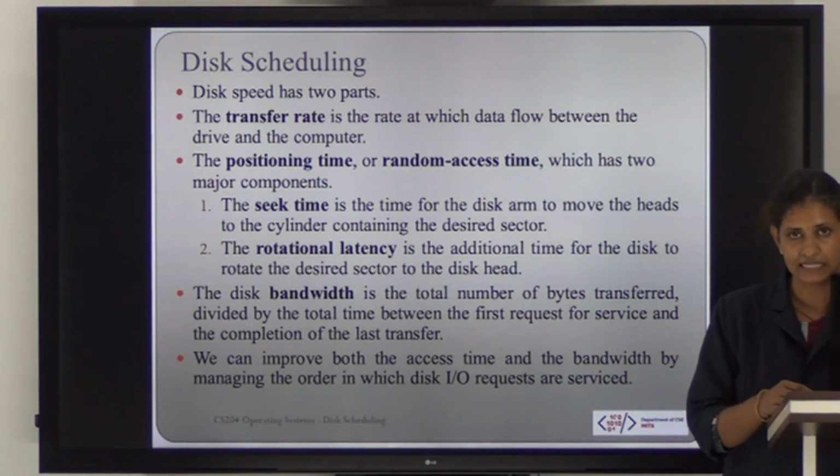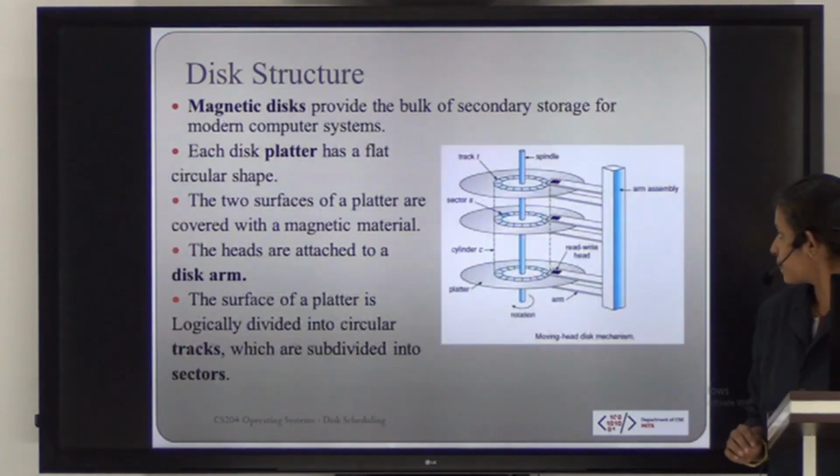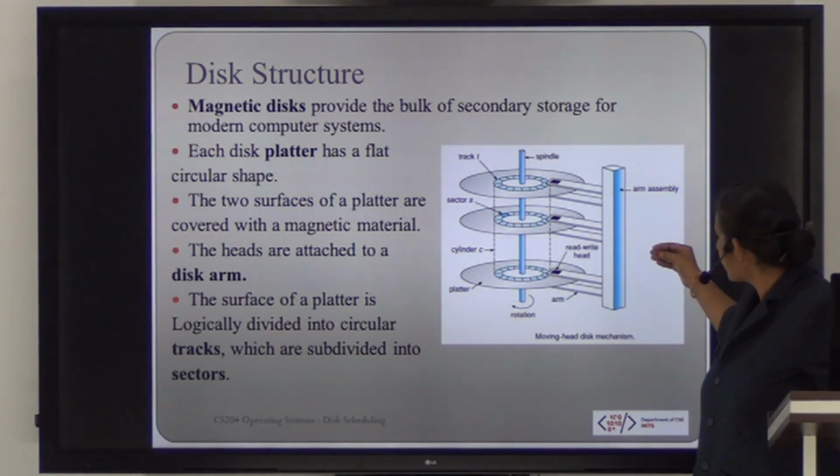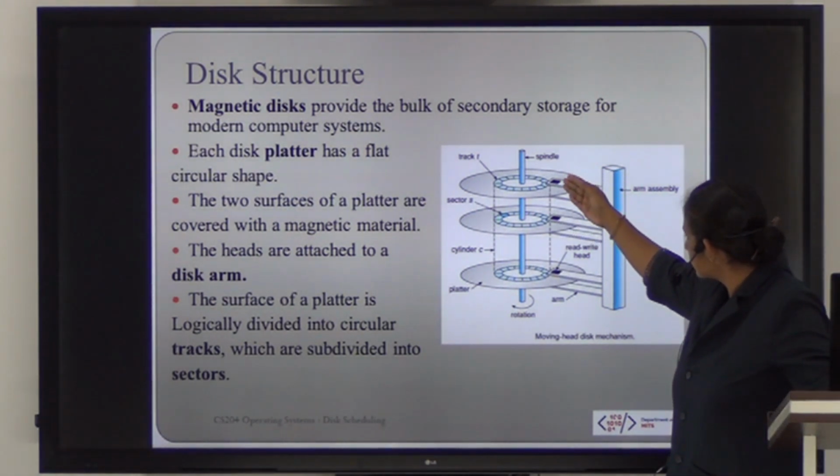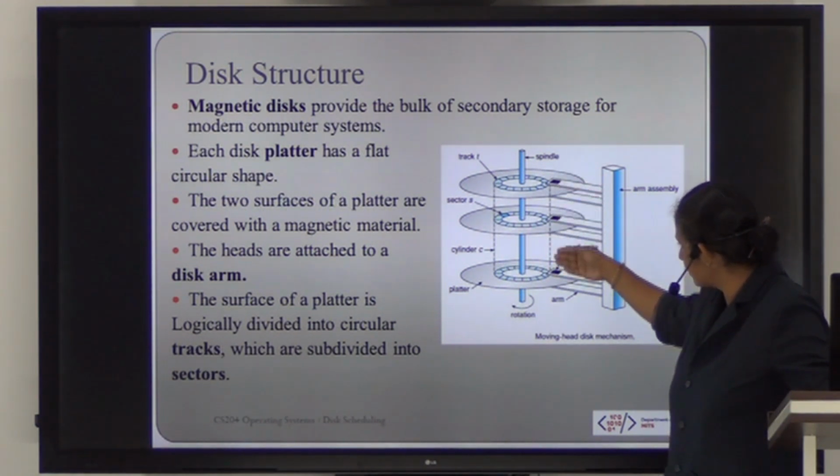The positioning time, or random access time, has two major components. The first is seek time and the second is rotational latency. The seek time is the time for the disk arm to move the head to the cylinder containing the desired sector. That is, initially the head moves to a particular track. The tracks with the same track number form a cylinder.